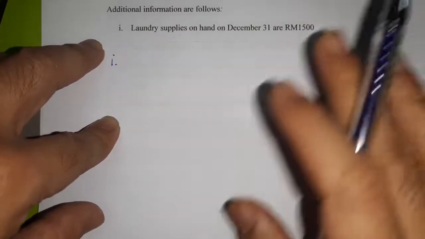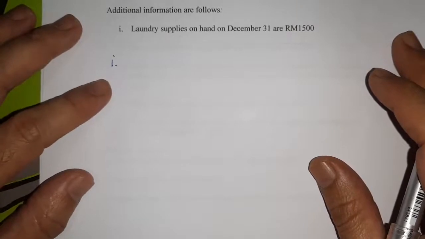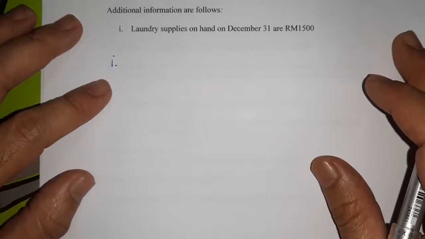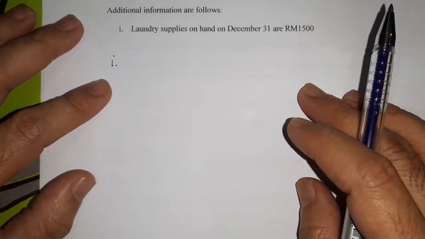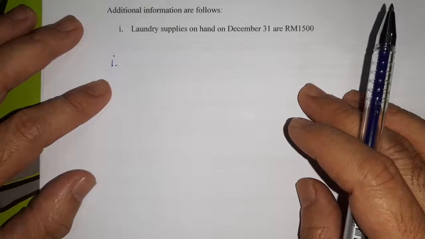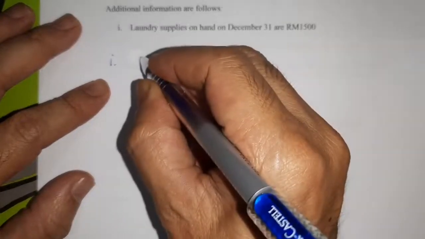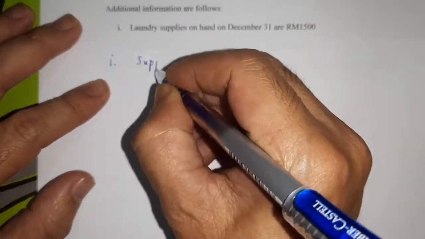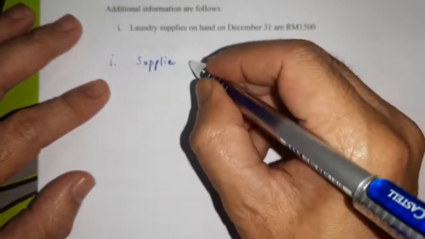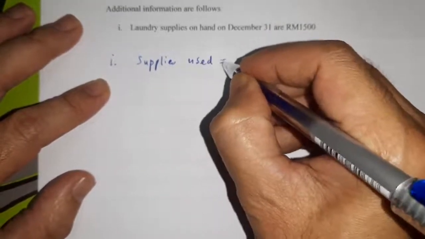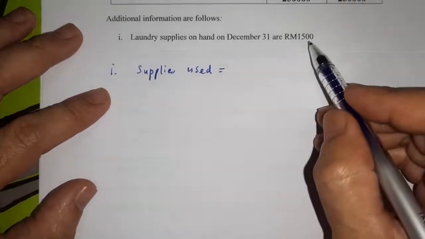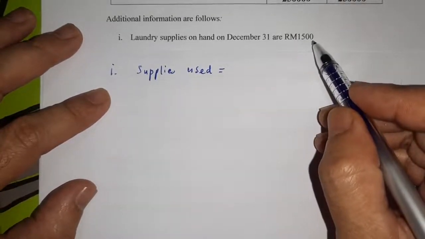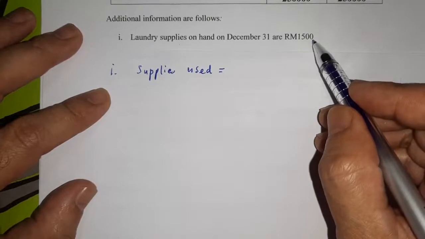So in the adjusting entry for supplies, the first thing that you have to do is calculate the supplies used in that accounting period. The way to calculate the supplies used is like this. Here you see at the end of the year, the balance of supplies is 1,500.